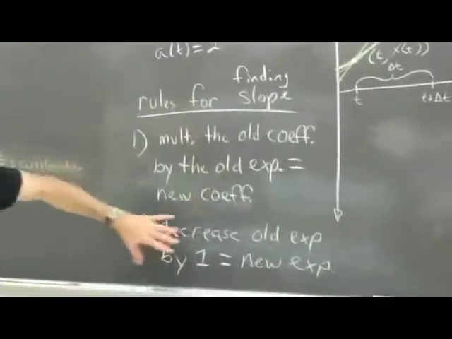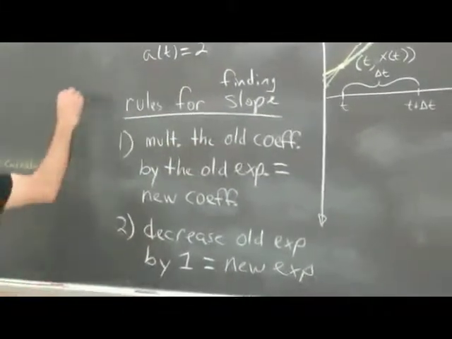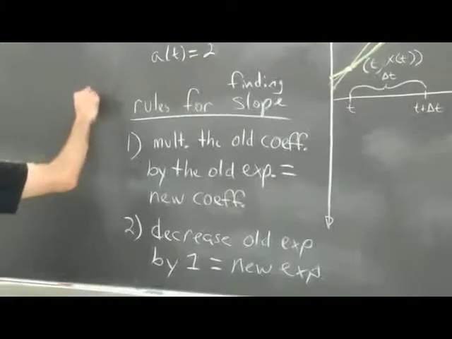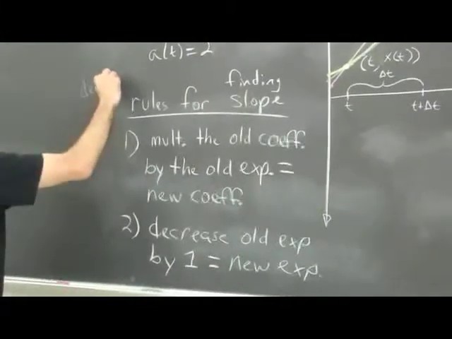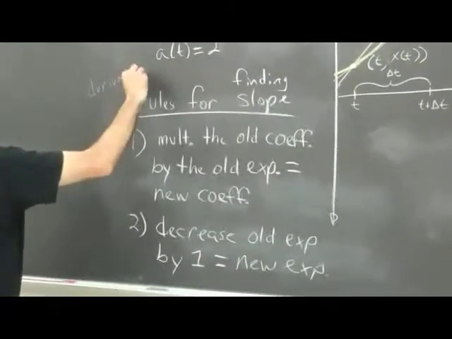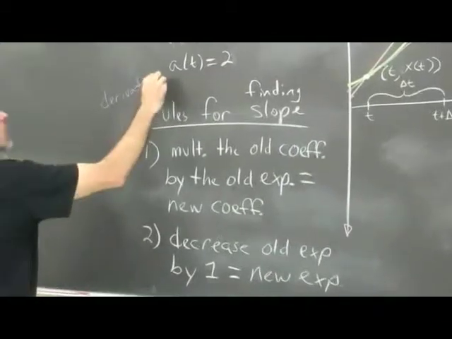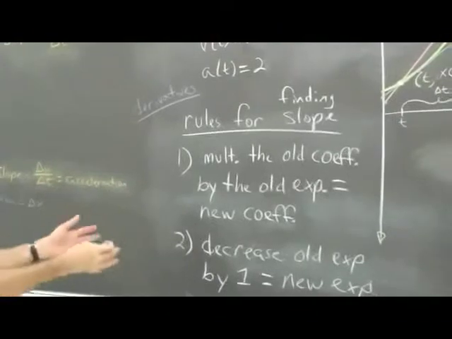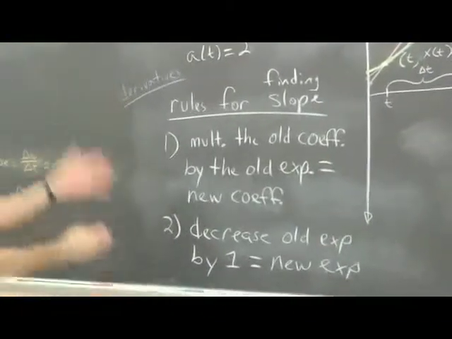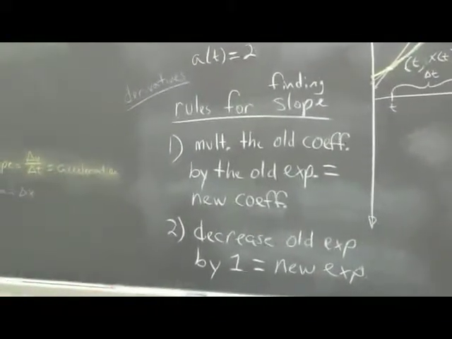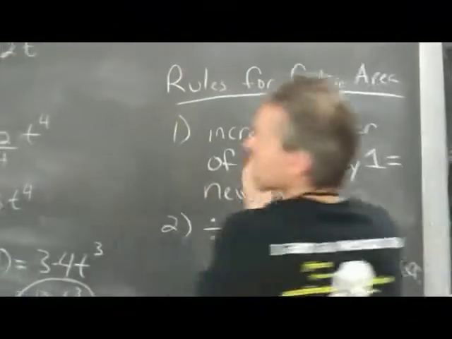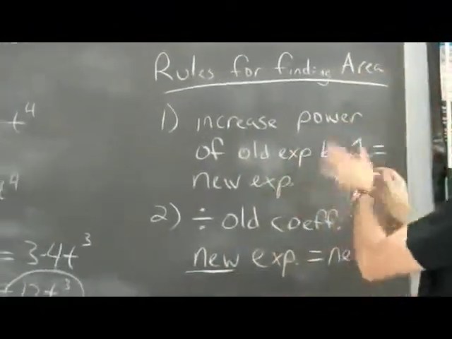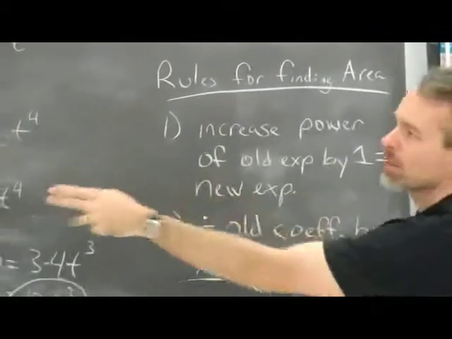In calculus, these rules here, this is a branch of calculus called finding the derivative, or derivation. So this is a whole half of calculus right here. Find the slope. These are the rules for finding the slope, finding the derivative. The other half of calculus, this has two names. Notice it's the opposite of those rules.